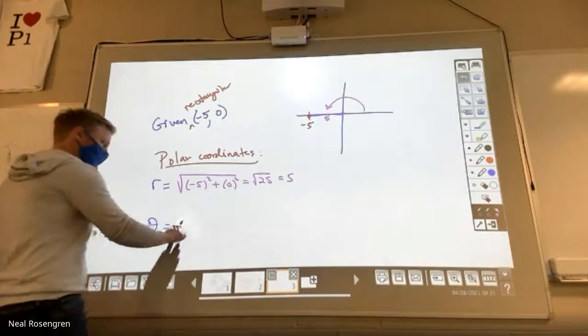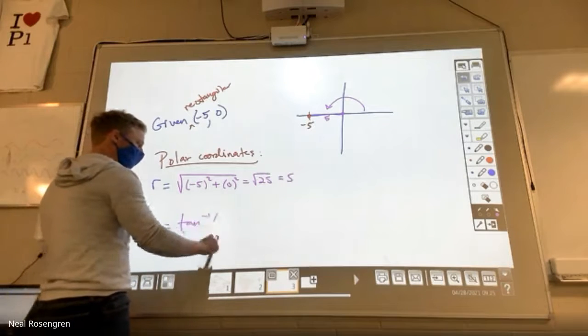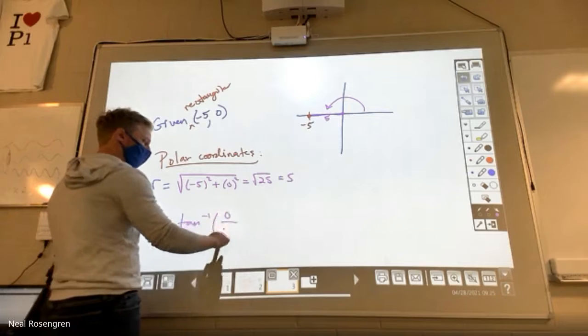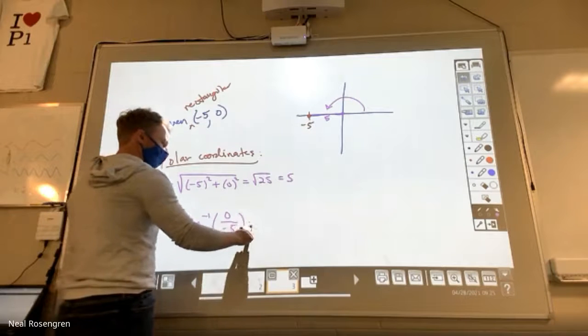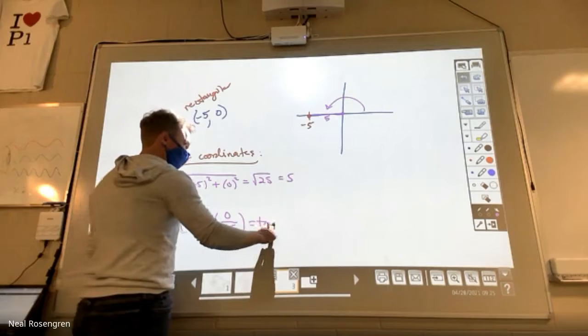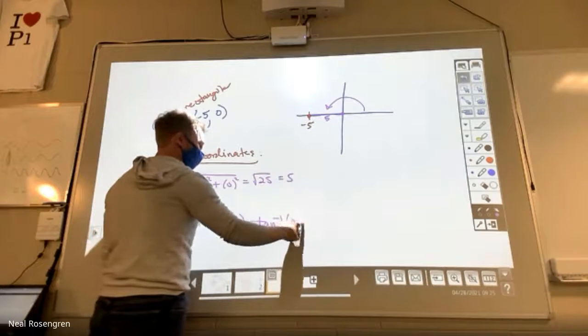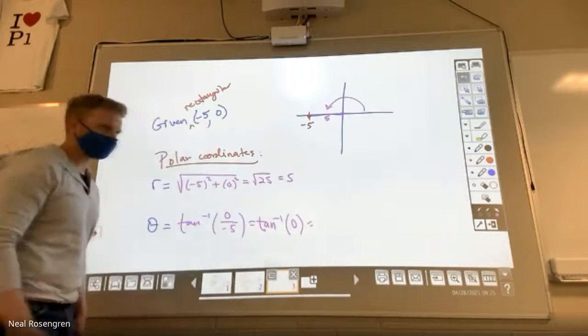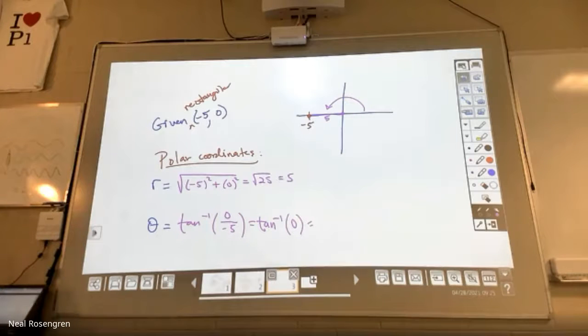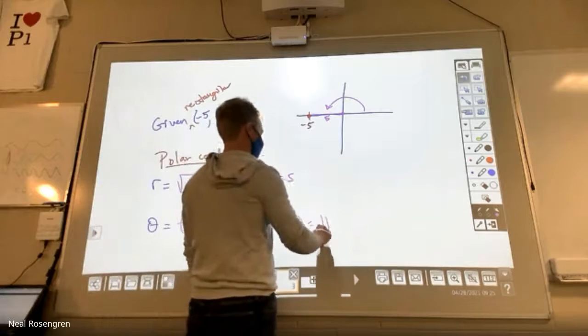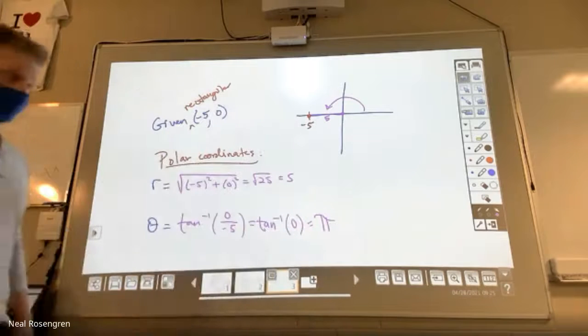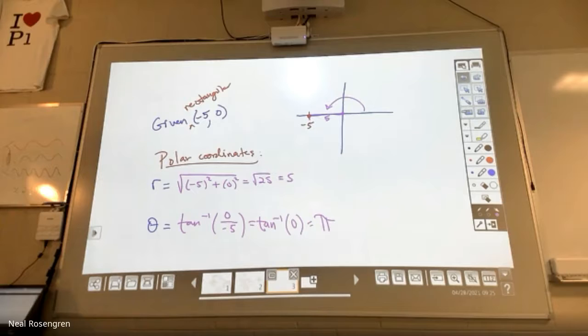Now, it is the inverse tangent of y over x, right? The inverse tangent of 0. Plug that in your calculator, see what you get. Make sure you're in radians if you want to be in radians, which is what polar coordinates are in.